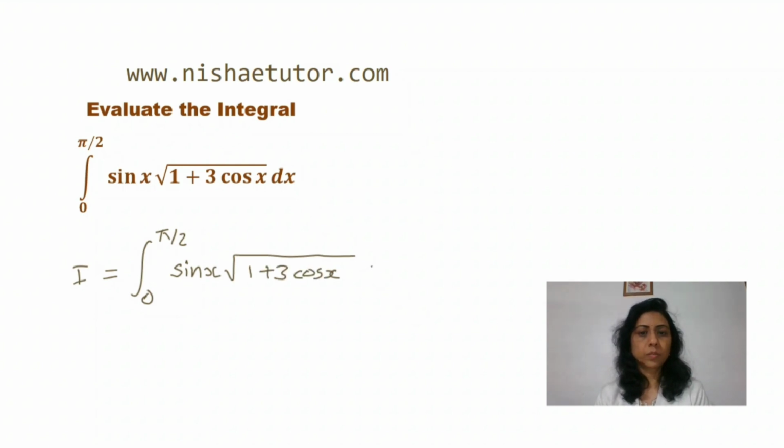dx. Here we use the substitution method, so put 1 plus 3 cos x equal to t.